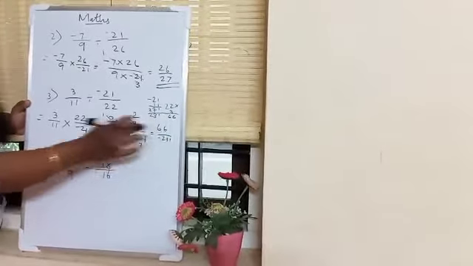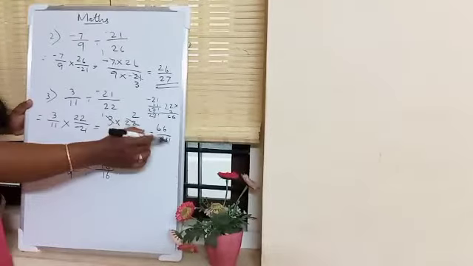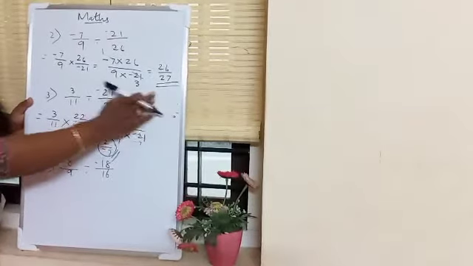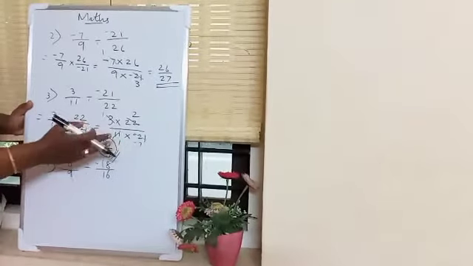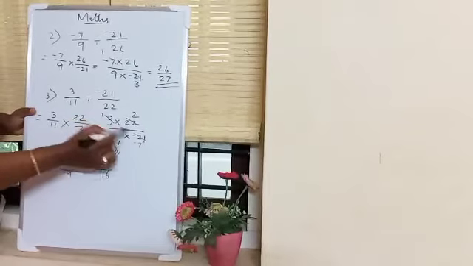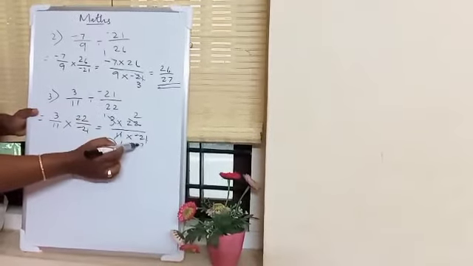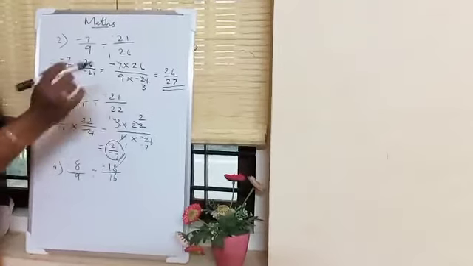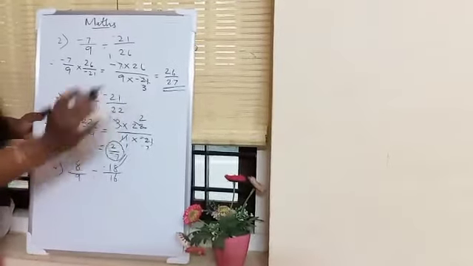Then you can divide or cut. Now you are in 7th standard, so you can simplify: 3 and 21, 7 3s are 21, and also 11 and 22, 2 11s are 22.